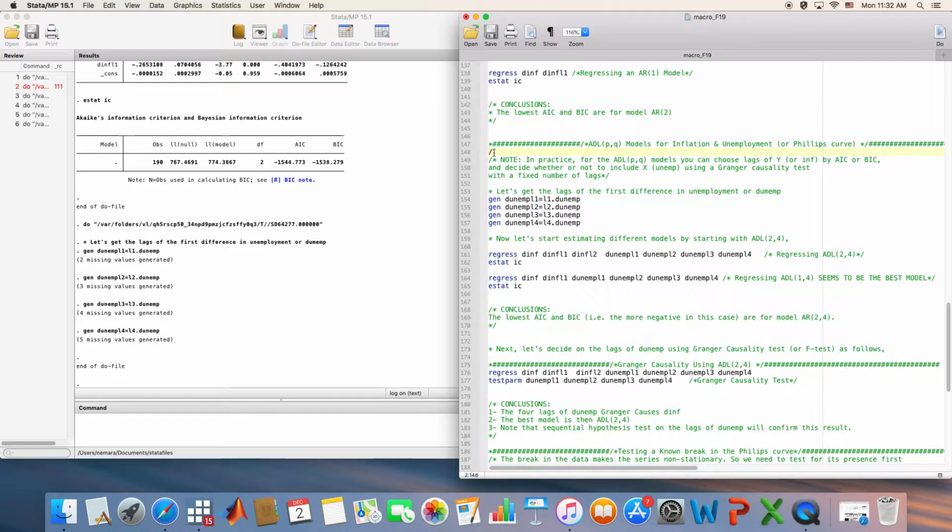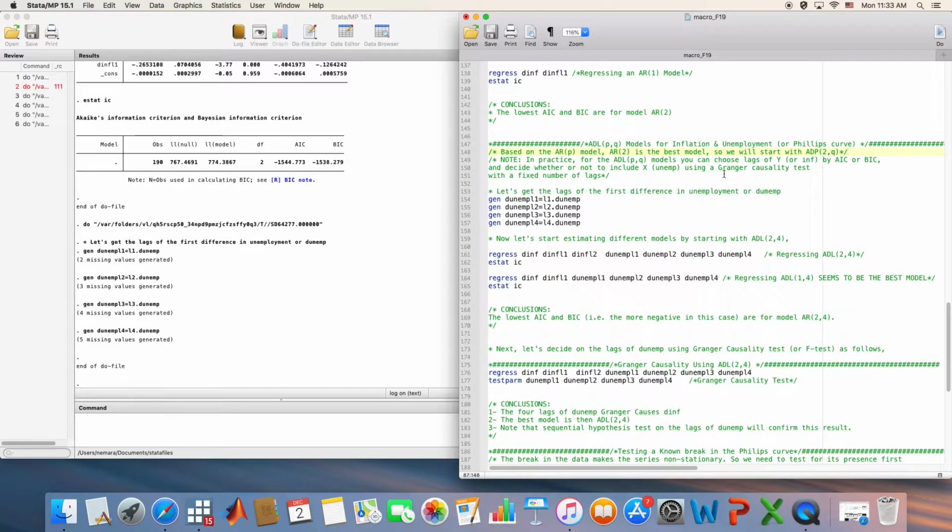Based on the AR(P) model, AR2 is the best model, so we will start with ADL2, and then for Q, we have no idea. We're going to test it, okay?